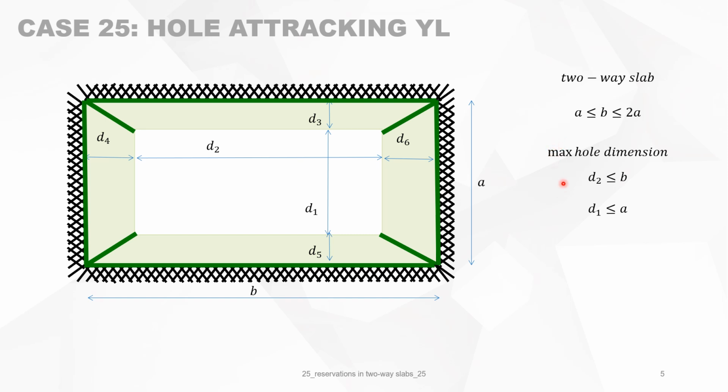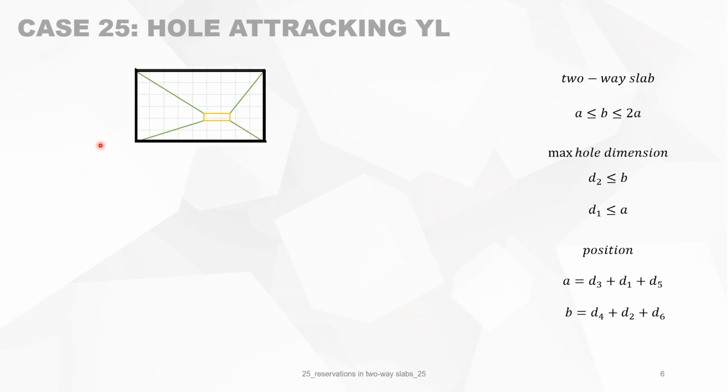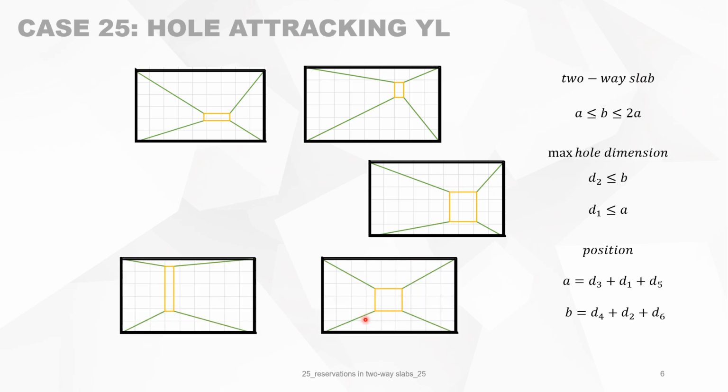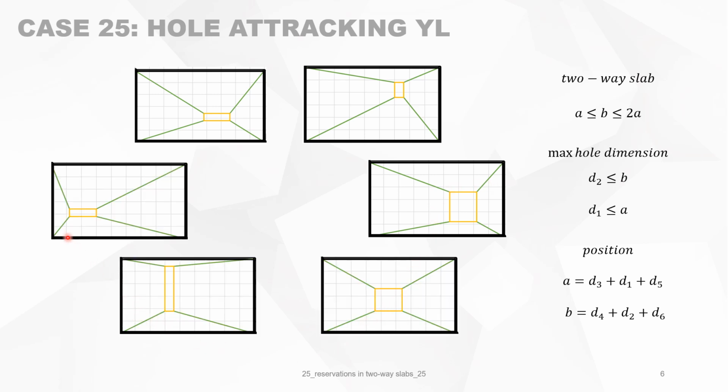The maximum reservation dimension is, of course, D2 must be smaller than B, and D1 must be smaller than A. And the position is the sum of those: D1, D3, D5 must be A, and the sum of D4, D2, and D6 must be B. Now let's investigate what type of hole can be made with this case 25, and you will see that we have different shapes or positions of the rectangular reservation. It can go all over the slab.